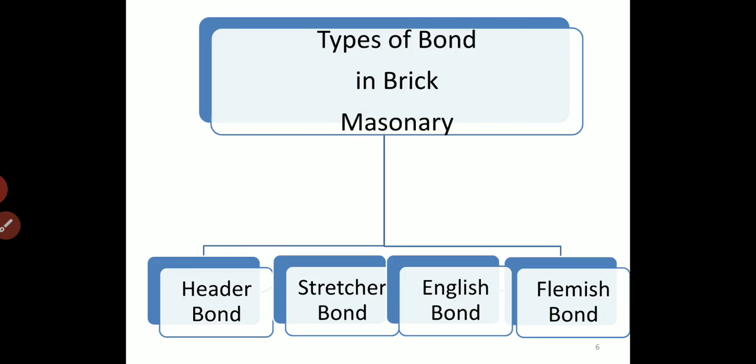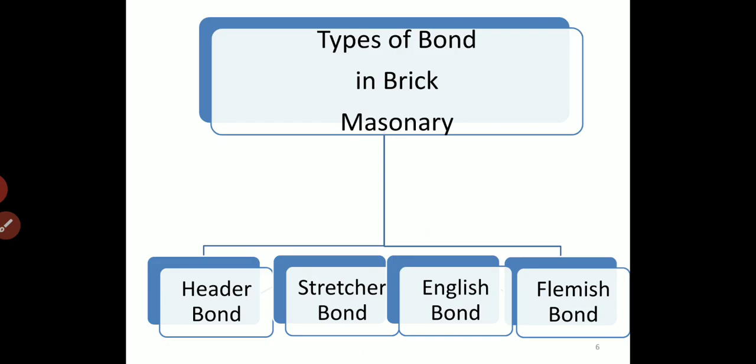The bricks are held together to act as a single unit by arranging them in a specific manner, so that they rest over each other and break the continuity of the vertical joints.